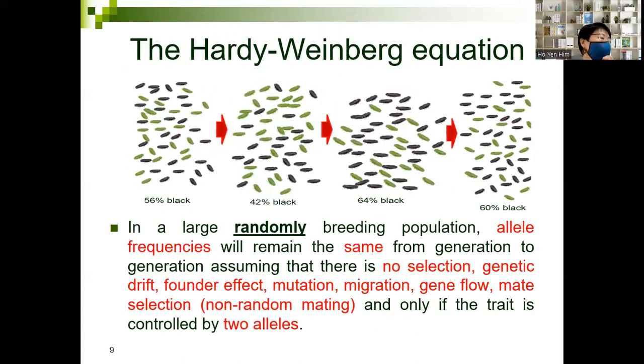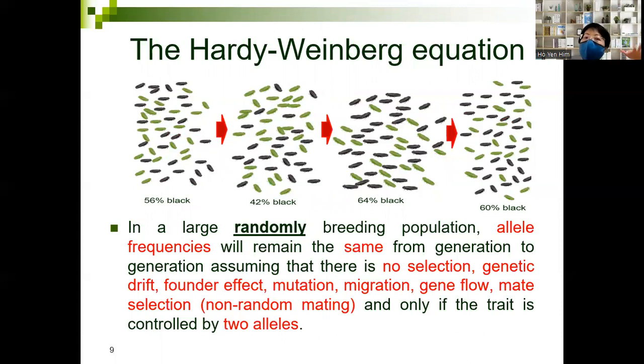So in order to apply the Hardy-Weinberg equation to calculate the allele and genotype frequency, there's a rule to apply. It can only be done on a large population, because in a large population, the allele frequency is more or less constant, right? A small population can change very fast. So you want to predict only for a large population.